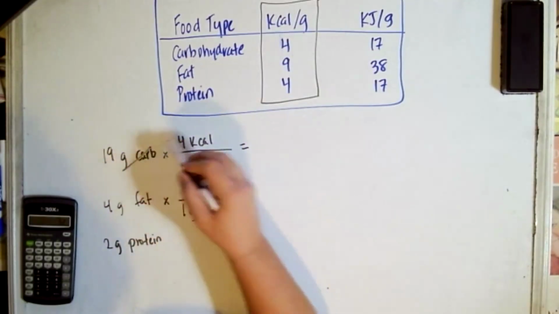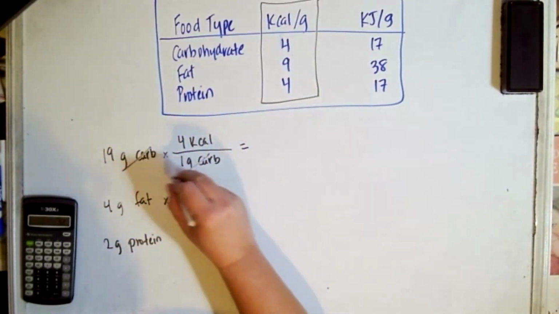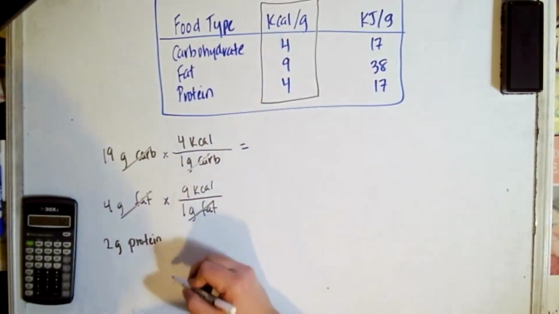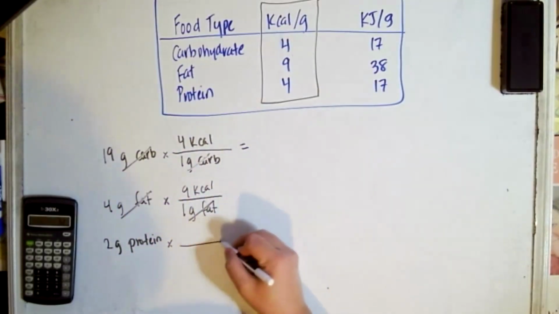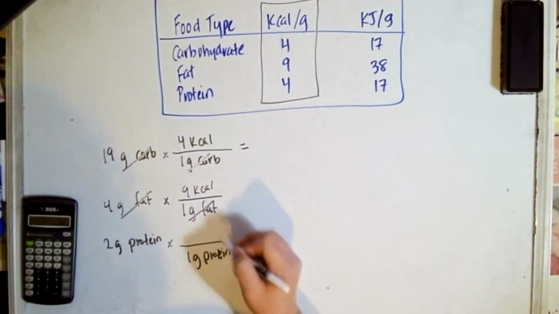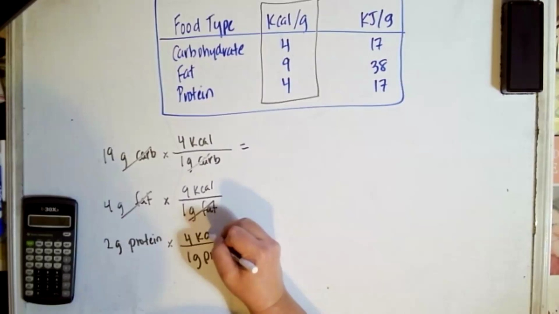And again, look at the positioning, right? The similar units are on opposite sides of the fraction. And for our proteins, every 1 gram of protein is going to have 4 kilocalories.